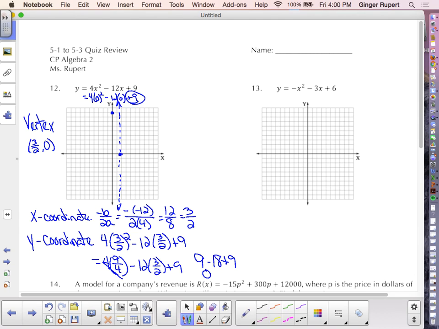I know I have a point of reflection across the axis of symmetry, and I can go ahead and sketch in my graph. It opens up. The leading coefficient is positive. Therefore, I have a minimum value. Remember, the minimum value is the y-coordinate. That minimum value is 0.